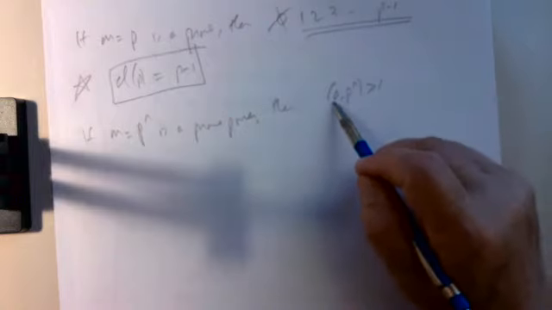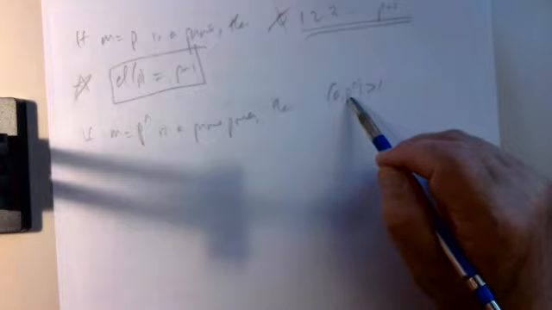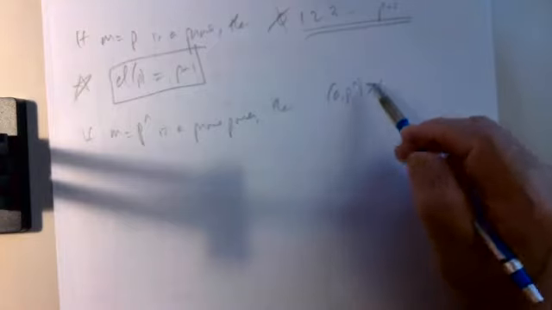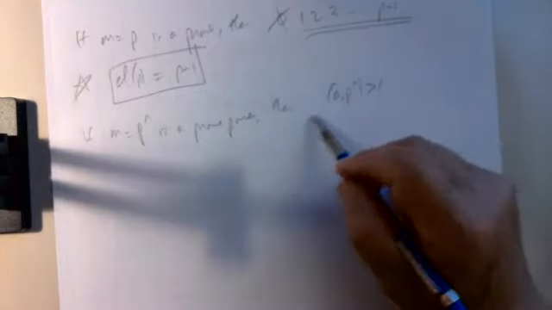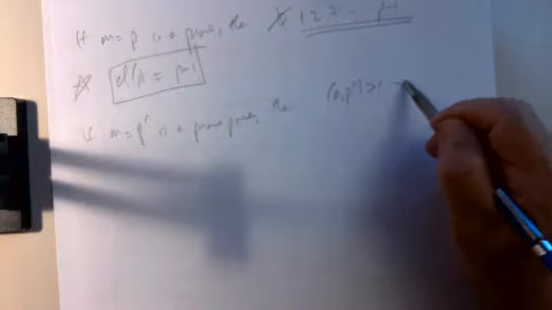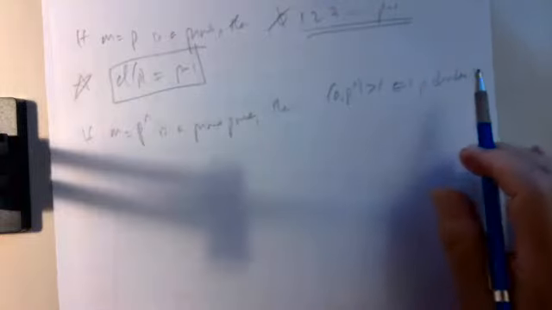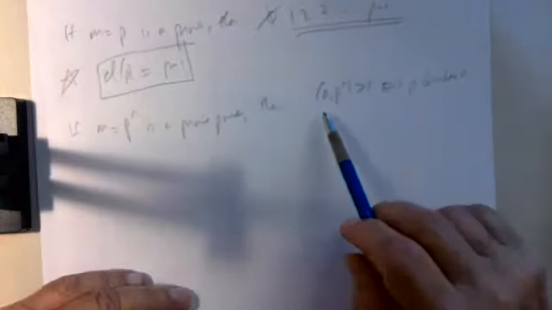That means something divides both of these numbers. But the only divisors of p to the r are powers of p itself. So the greatest common divisor of a and p to the r is bigger than 1 if and only if p divides a. Right?